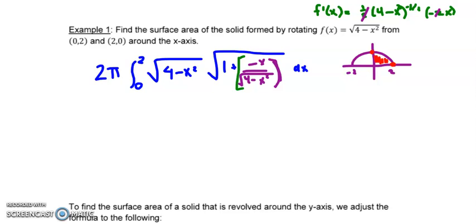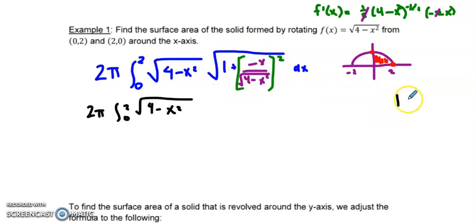Keep in mind, I'm squaring that. Let me color coordinate this, please. So there's a lot of work that I can do actually by hand to get this integral. So I'll have 2 pi, and I'll have from 0 to 2, and I'll take the square root of 4 minus x squared here, and then let me work on what's going on underneath this radical.